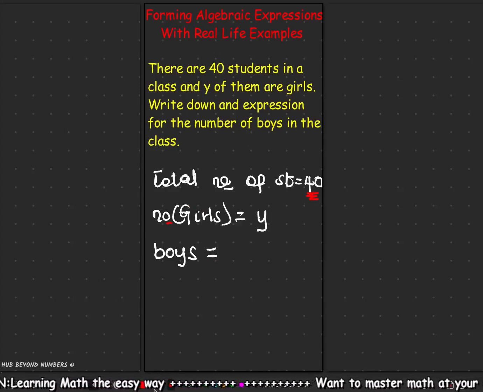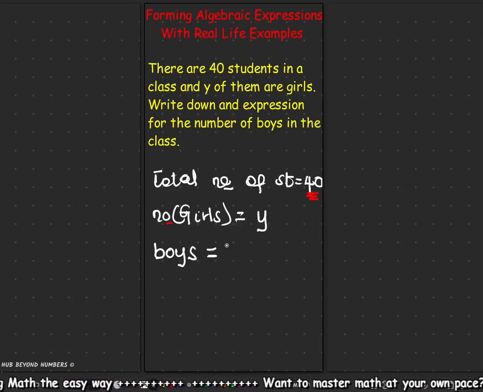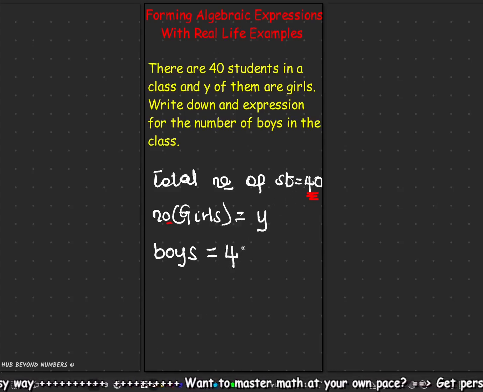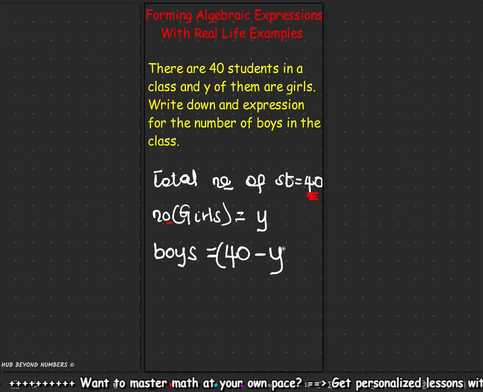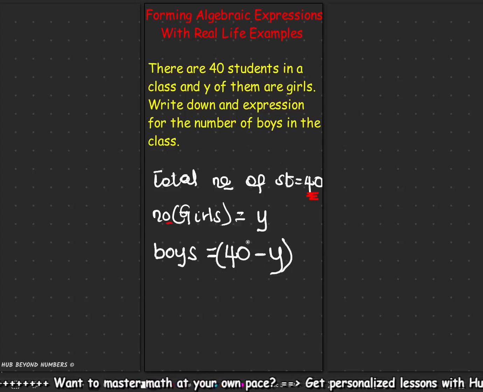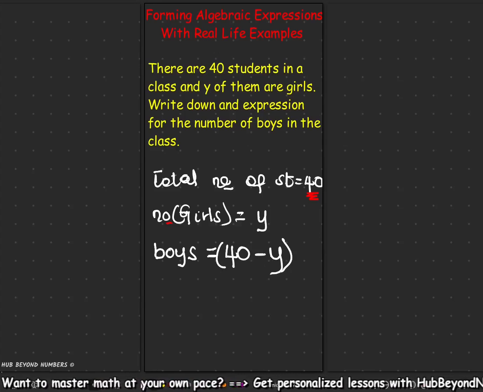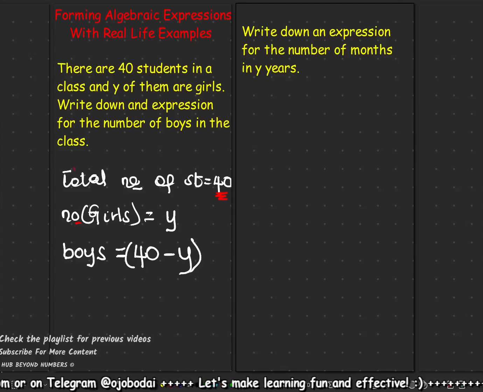So to get the number of boys, the expression will just take out the number of girls from the total number of students, and that is going to be 40 minus Y. So the expression for the total number of boys is 40 minus Y. That is 40 minus the number of girls. That is very direct and simple. Let's take another example and see.